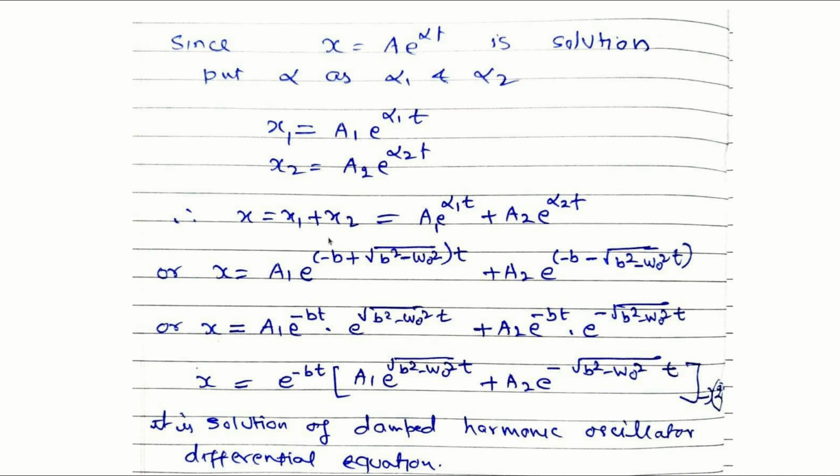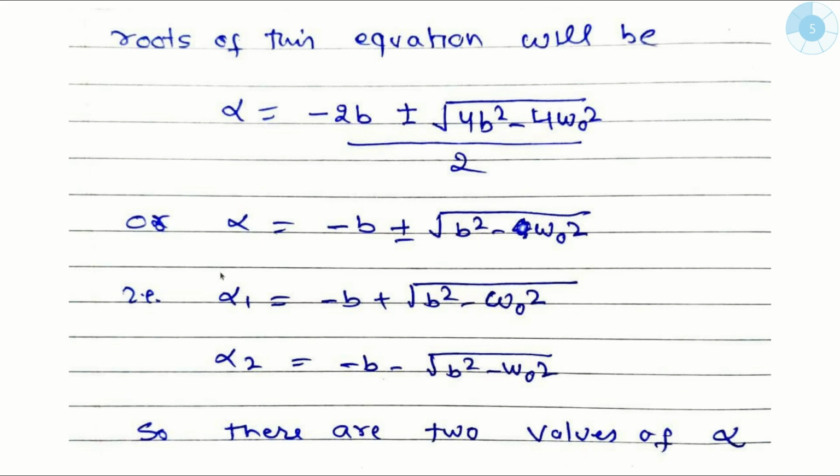So we will calculate x1 and x2. We will add both these terms, a1 e raised to alpha 1 t plus a2 e raised to alpha 2 t. So this will be equal to x. But we will put here alpha 1 and alpha 2 values from the last calculated values. Here we can see that alpha 1 is this and alpha 2 is this.